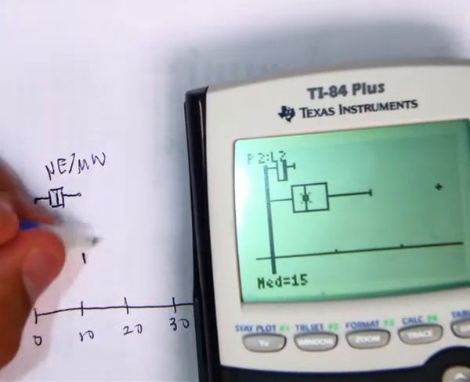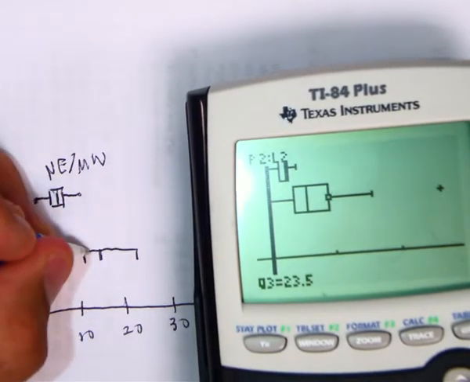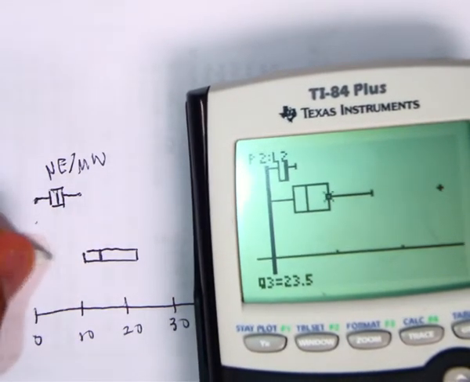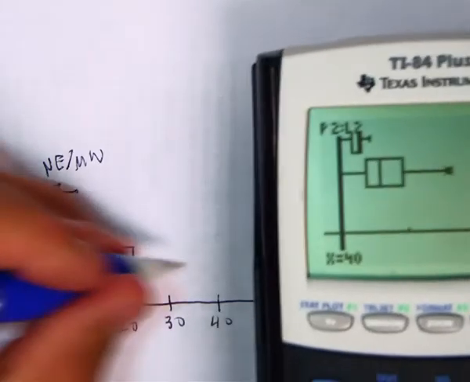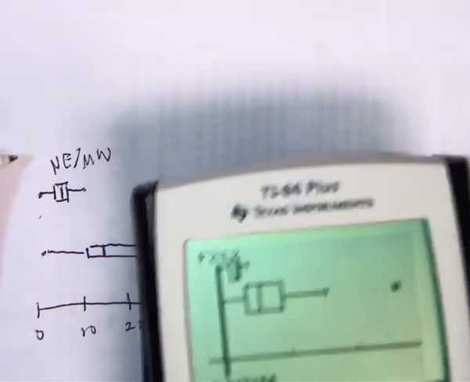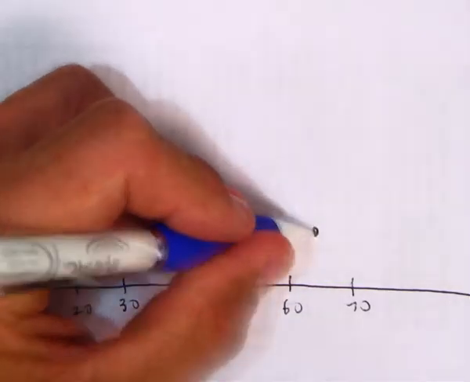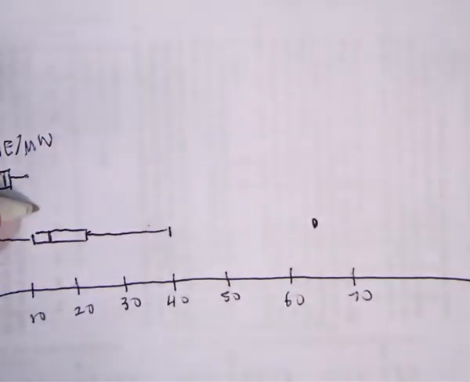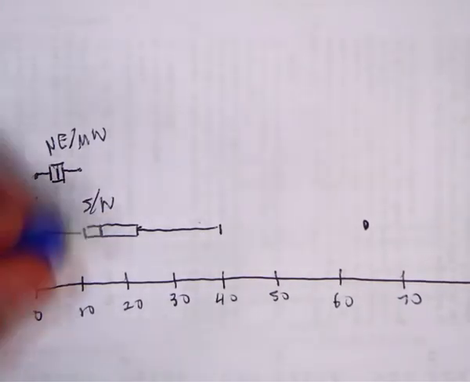My median is 15, that goes there. Q3 is 23.5, put that there, that completes the box. I got the left fence done. Then it goes up to 40, and there's an outlier out at 66. So I go over to 66 and put an outlier, and this is the southern and western states. And that's how you would draw that.